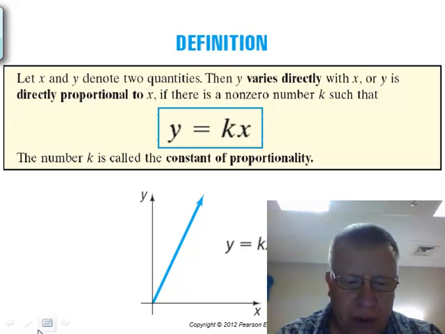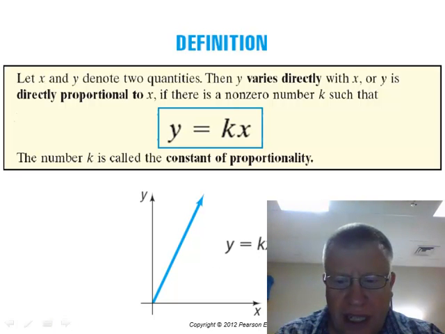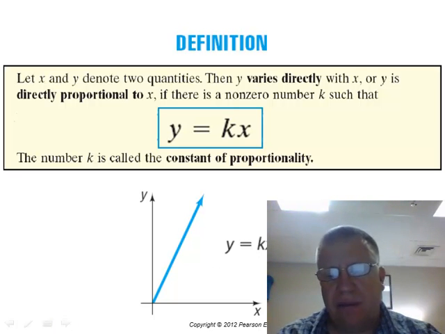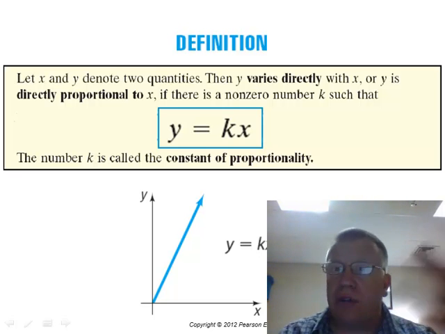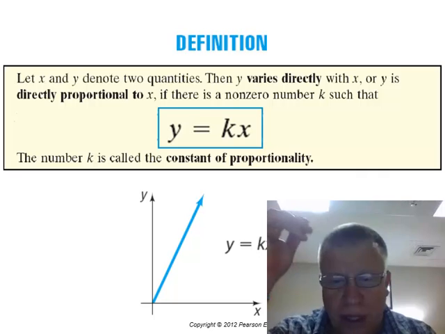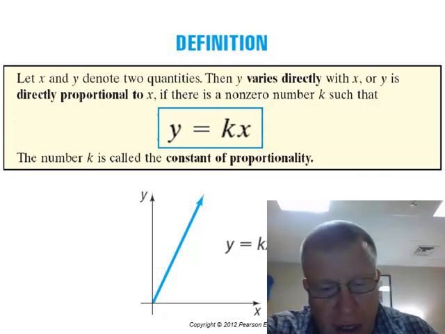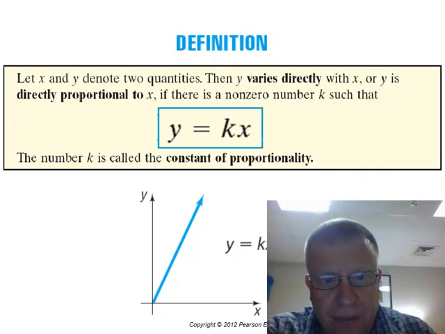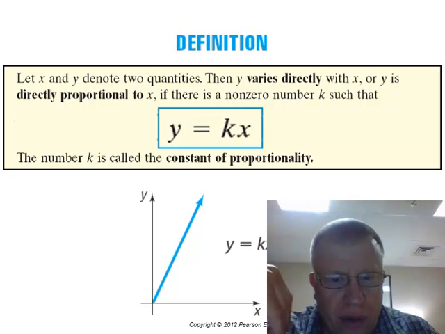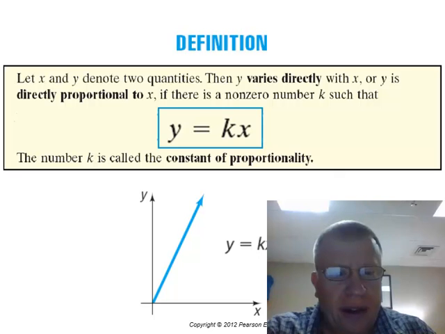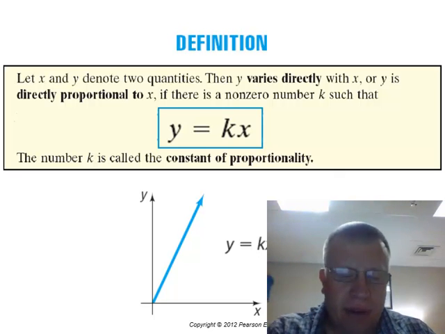equation. Of course, we're assuming that k is positive in the context of the problems in this section, but I'll also tell you that we could have situations where k could be negative. So in that case, we would say something like y is negatively directly proportional to x and so forth.